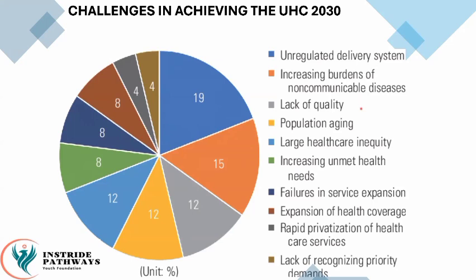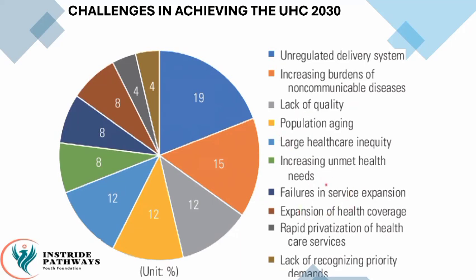When you have reduced hands to work, you're going to have challenges in achieving your goal, because the people that would actually work to ensure that we achieve universal health coverage by 2030 are the younger generation. But when we have old people in the population, we're using our energy in taking care of the old people instead of serving the younger people, right? So this is a big challenge.